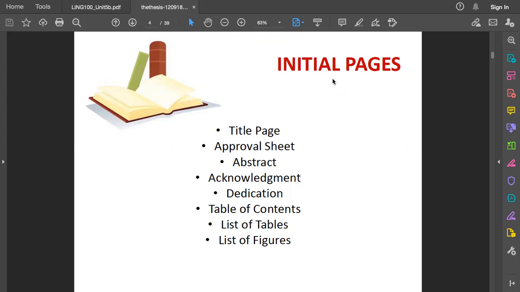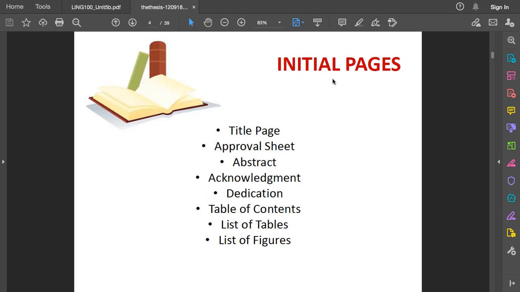Okay, so if you're going to ask, ma'am, how are we going to know the format of these parts? What I can suggest in the future, if we do not have the research manual yet, is that you visit the library and ask for permission to visit the thesis section.